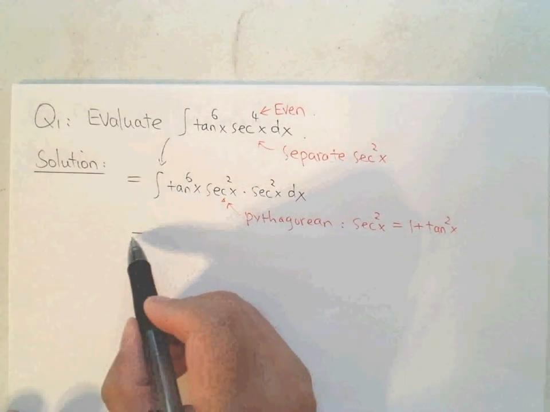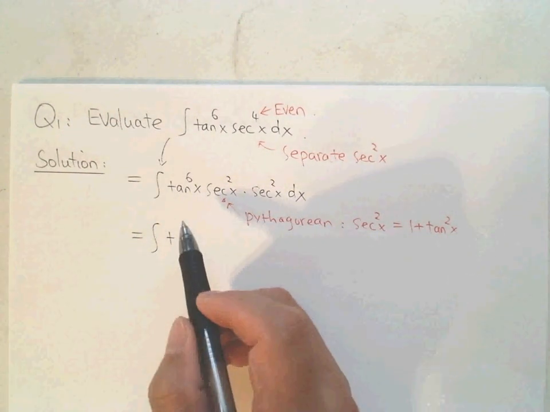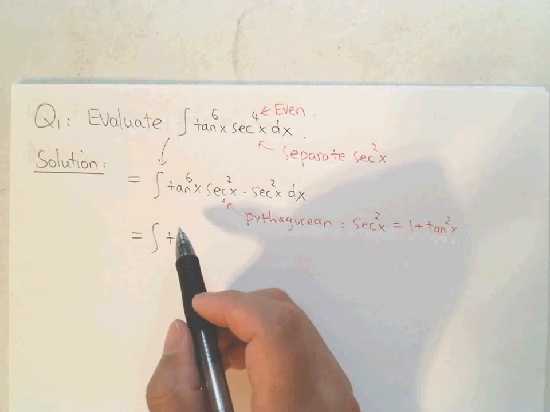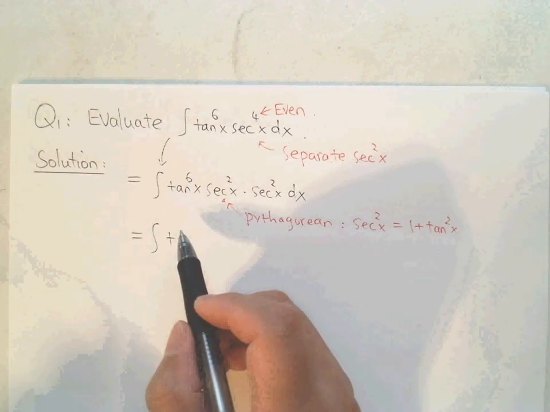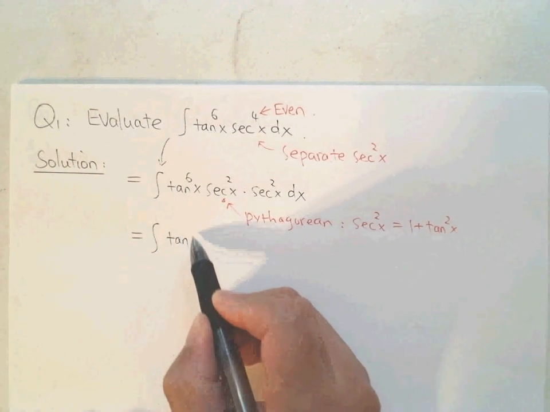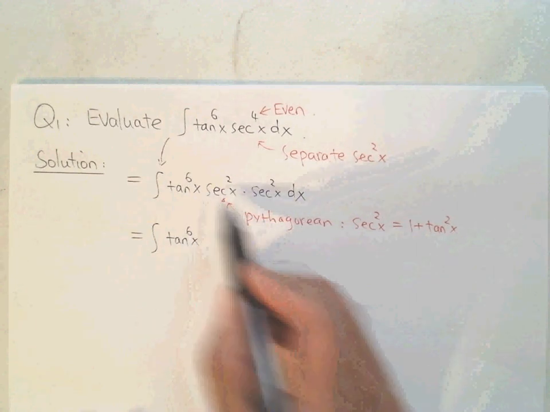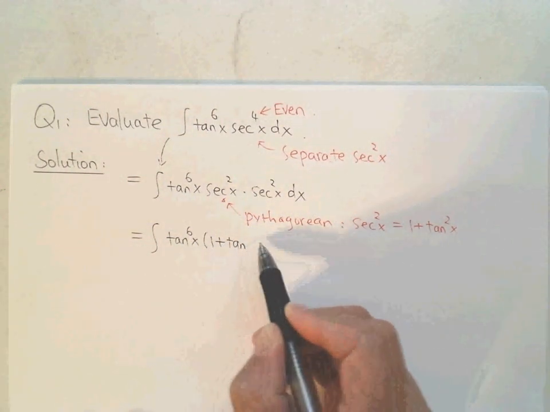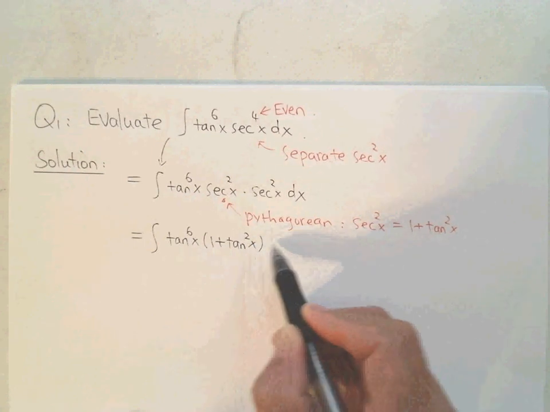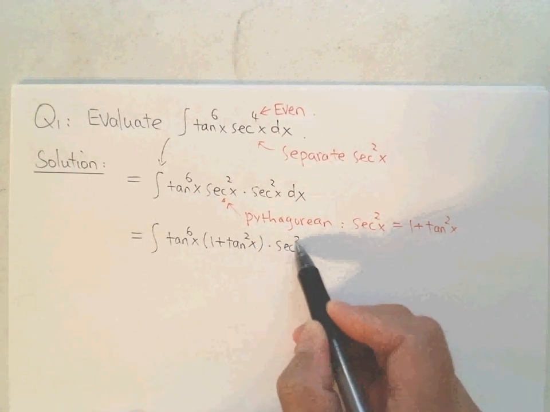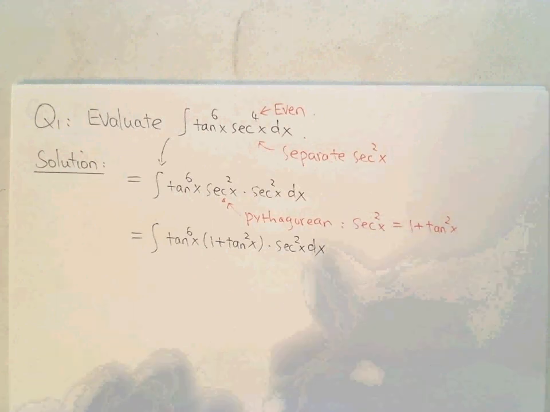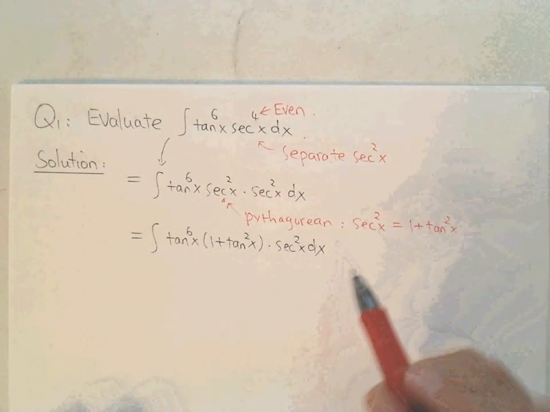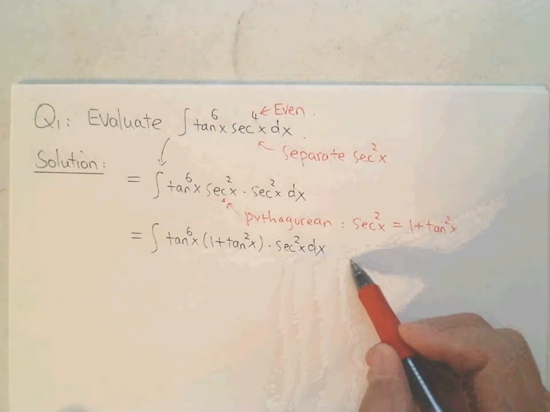And then we will have this. Tangent raised to the 6th power still there. This goes to parenthesis 1 plus tangent square, right? Times secant square dx. Now it is ready for substitution, right?